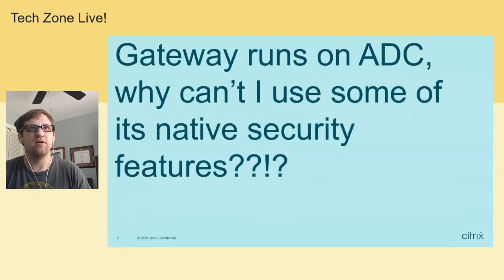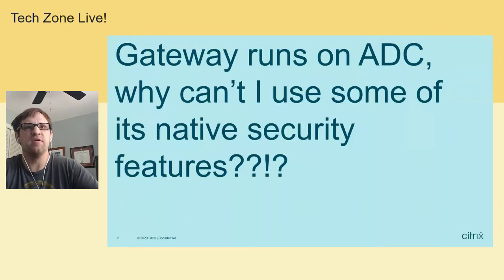Yeah, it is definitely a web app, and I've gotten that question a lot. On-prem Gateway has always run on an ADC, and the ADC has all these great capabilities. I've always gotten the question of, well, hey, I've got this security capability on this ADC. I've got Web App Firewall, and in the more recent builds, I've got bot security. Why can't I just use that for Gateway? So yes, it is a web app. It has a web front end.